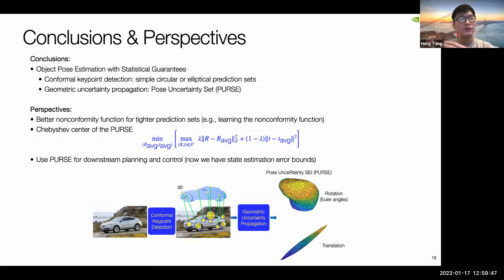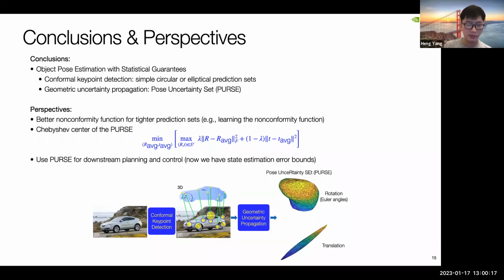Here, I'm just trying to find the best pose estimator that gives me the minimum bound. From the perspective of getting a pose estimation that is close to ground truth, this is the best I can do, right? So I can find an average pose in my set that gives me the minimum bound. That gives you this min-max problem, which I think there are interesting ways to solve.